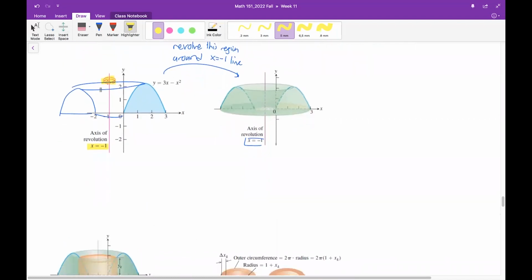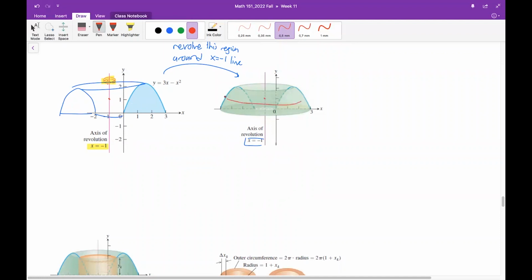three-dimensional object. Usually, we learned some technique to compute this volume in theory. It is the washer method, right? So you can slice. Let me put the slices here.